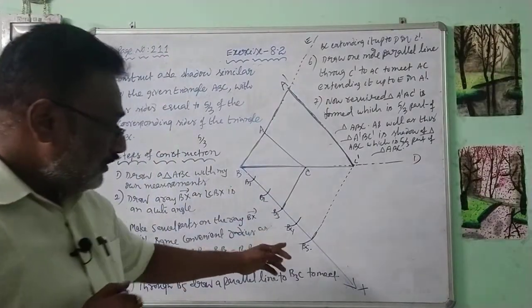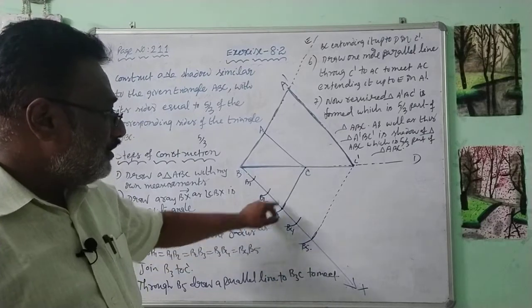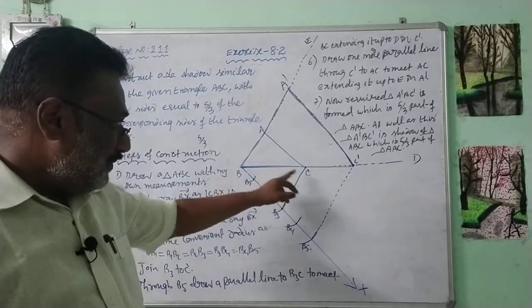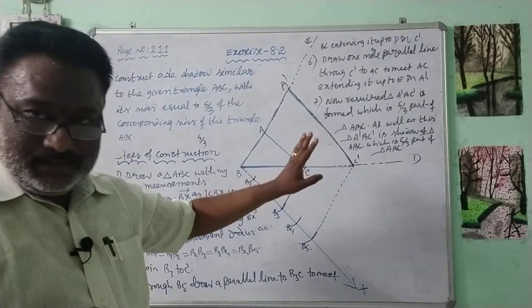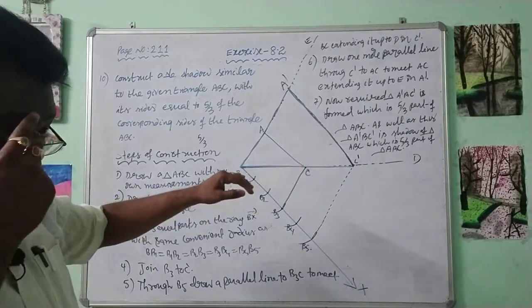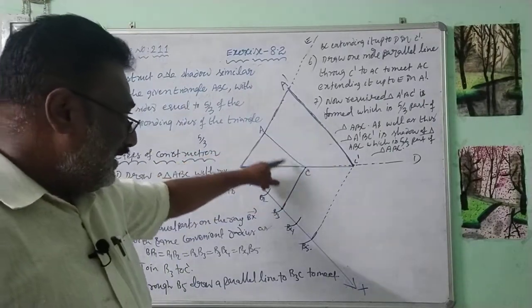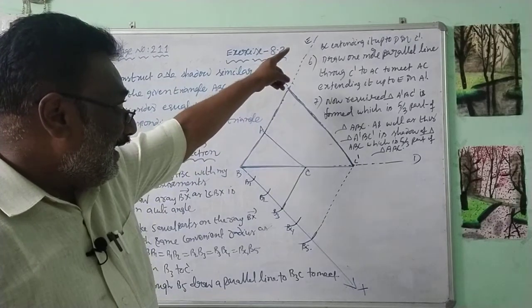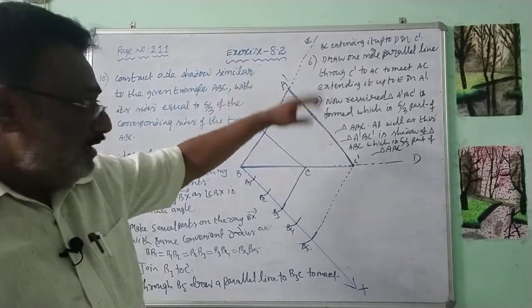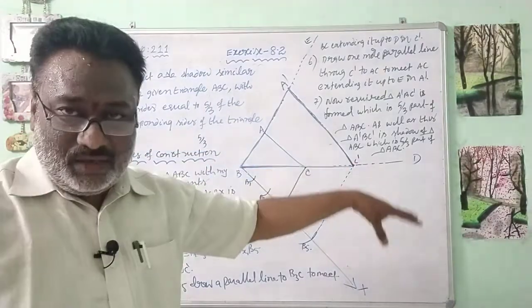Next, through this B5 we need to draw a parallel line to B3C to meet BC, extending it up to D in C dash. After that, through C dash, one more parallel line we need to draw to AC to meet BA, extending it up to E in A dash. The triangle which is formed here, A dash B C dash, is our required triangle.